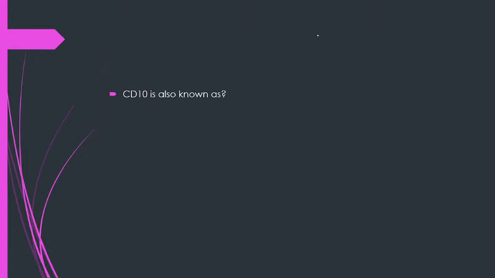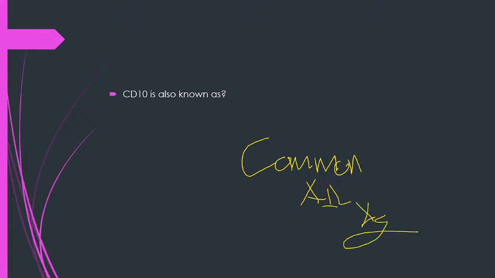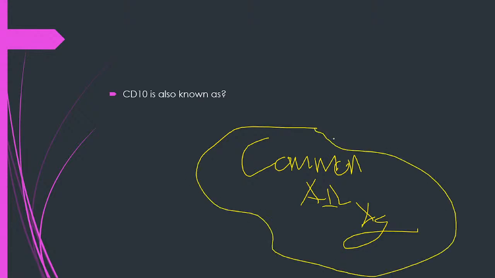All right, CD10 is also known as your CALLA antigen. What do we mean by CALLA? Common ALL antigen. Usually when you see this in the laboratory, especially in the Philippines, it's a send-out, and there are only several hospitals that do it in Manila.